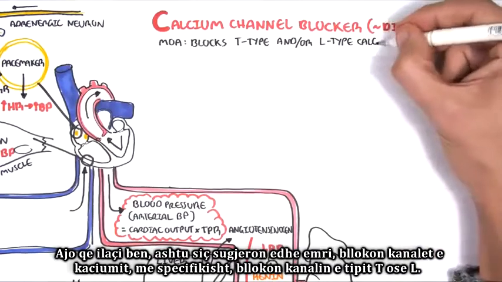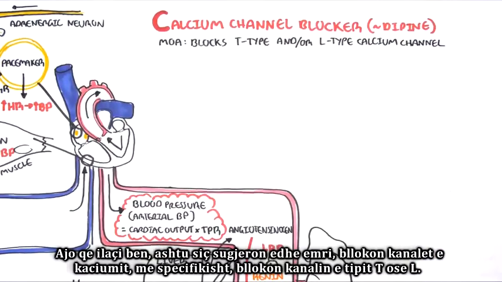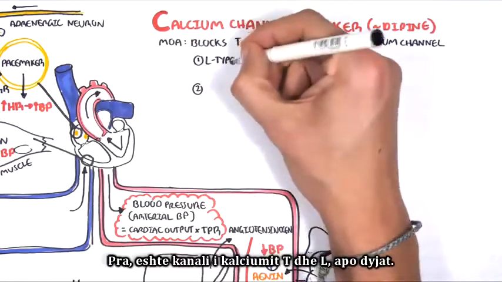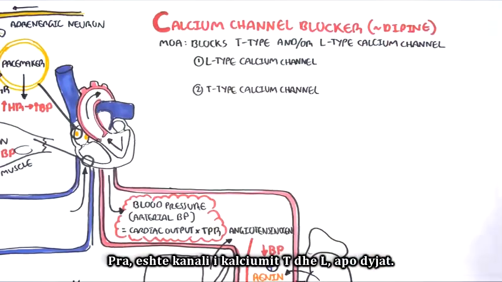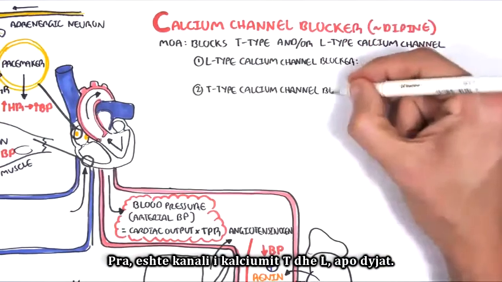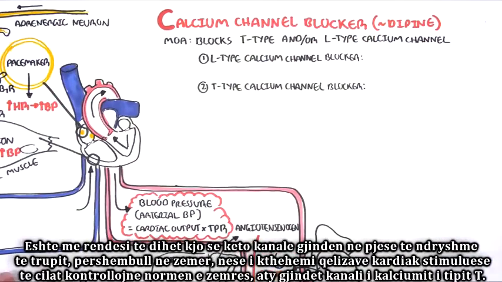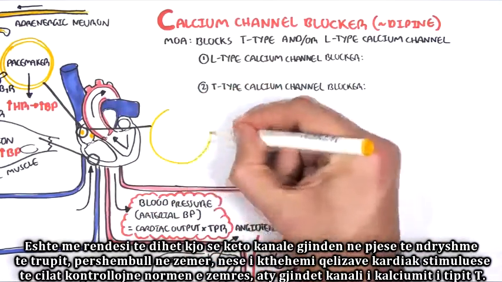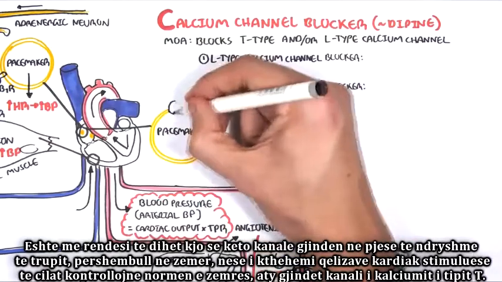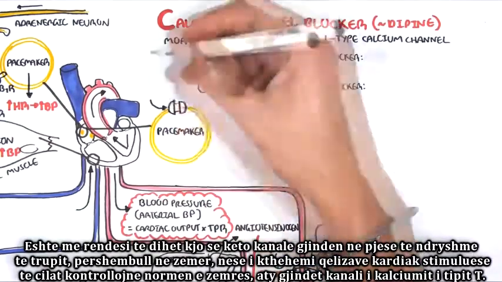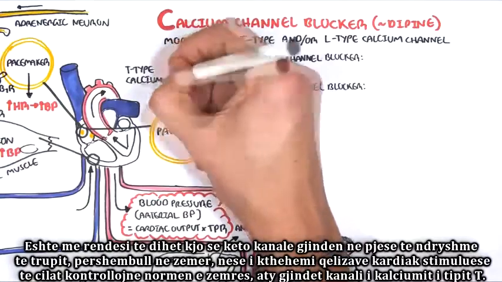More specifically, they block T-type calcium channels and or L-type calcium channels. So there are L-type calcium channel blockers or T-type calcium channel blockers or both. And it's important to know this because these channels are found in different parts of our body. For example, in the heart, going back to our pacemaker cells, which control the heart rate, there are T-type calcium channels.